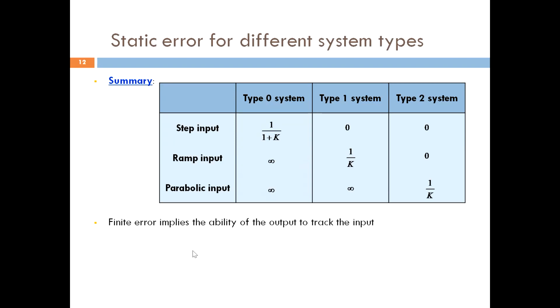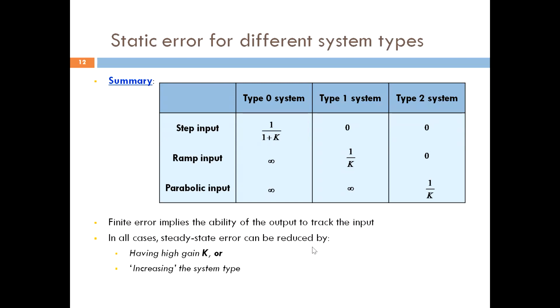Okay, so whenever the steady state error is not infinite, it can be very large, but as long as it's not infinite, then it means that we've got input tracking ability for that system. And we basically have two ways of improving the steady state error, that is reducing it.